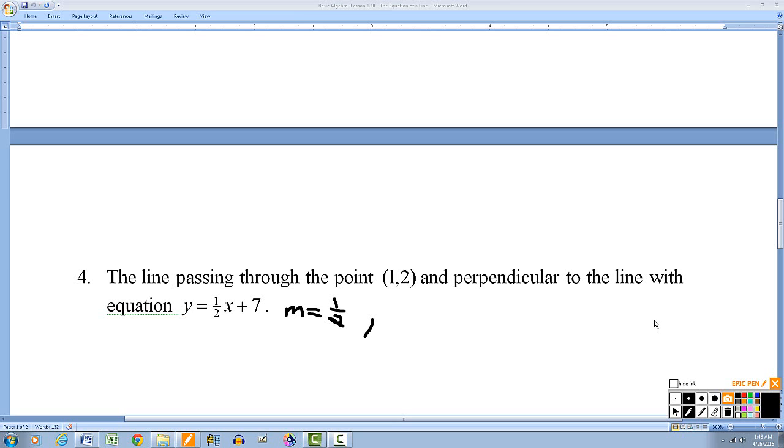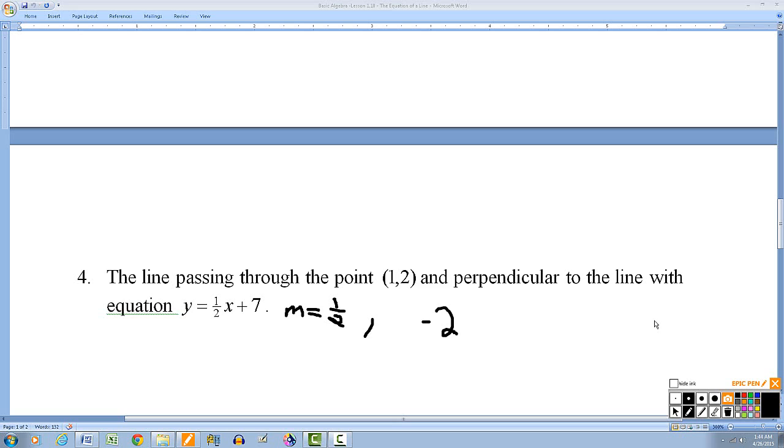So if this line has a slope of 1/2 and I want a line passing through the point 1, 2 that's perpendicular to this, the line that I'm looking for has to have a slope of -2. 1/2 and -2 are negative reciprocals of each other. In other words, the negative reciprocal of a number, you just invert it and take the opposite sign. Again, the product of the two numbers has to be -1.